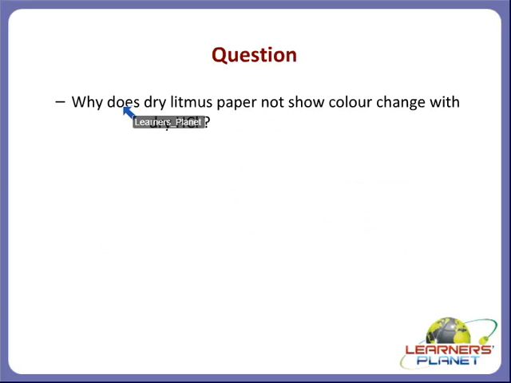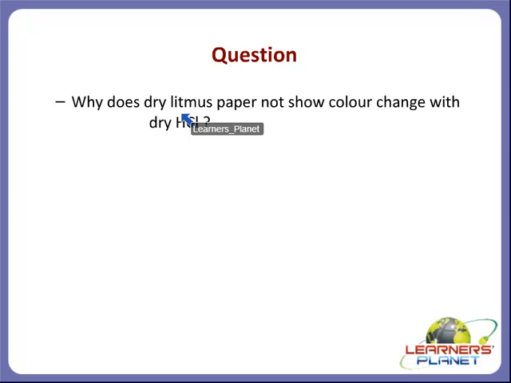In our previous session we were discussing this question: why does dry litmus paper not show color change with dry HCl? I hope this question was clear to you, because in dry HCl there are no ions formed, and litmus paper for the color change requires the transfer of protons.